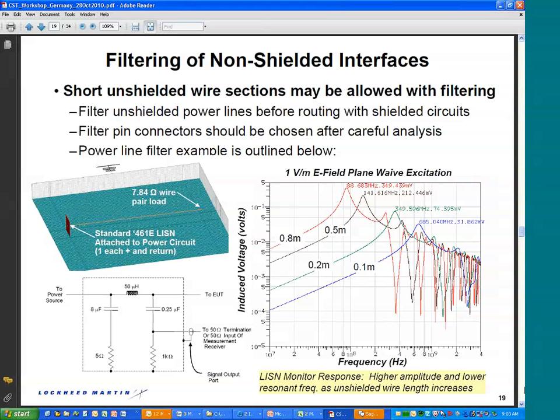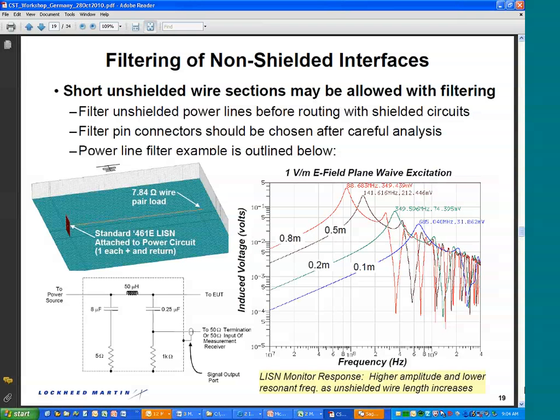So you're able to represent that, and the results show that, as you would expect, longer exposed wire without being shielded causes resonance, with a 0.8 meter length unshielded portion. You see with the highlighted, the 88 odd megahertz for the resonant frequency there, and then the coupling level is 349 millivolts for a 1 volt per meter excitation.